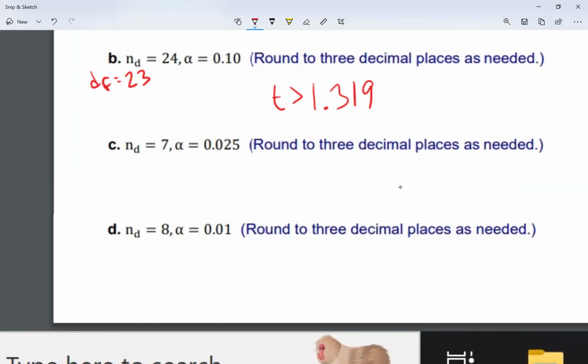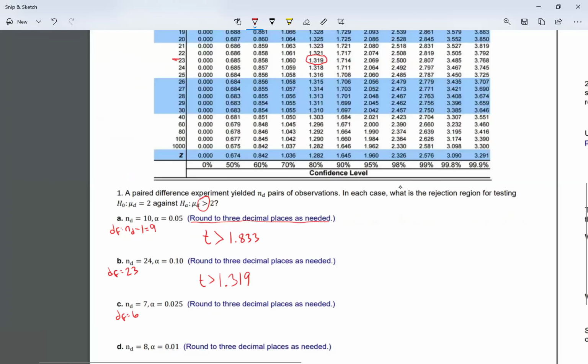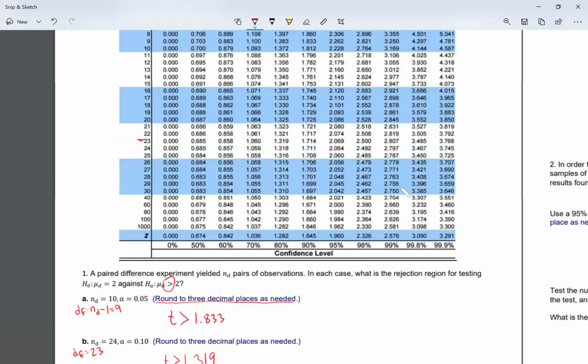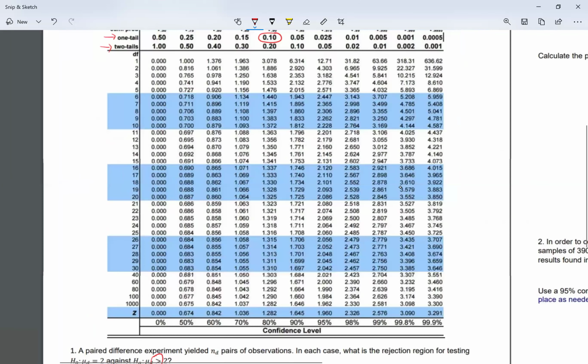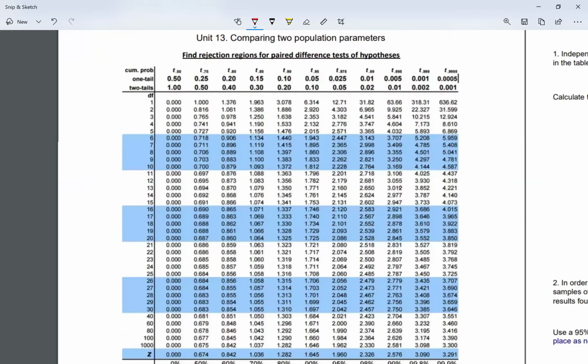Okay, so let's take a look at part C. My degrees of freedom, I'm going to use 6. Because remember, I always subtract 1. So my degrees of freedom are 6. My alpha is 0.025. Okay, where is 0.025?